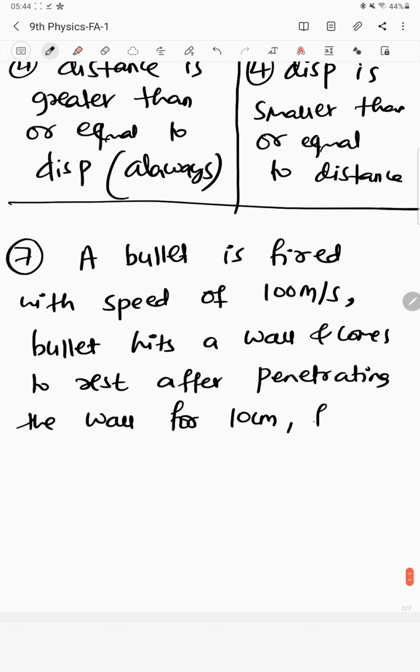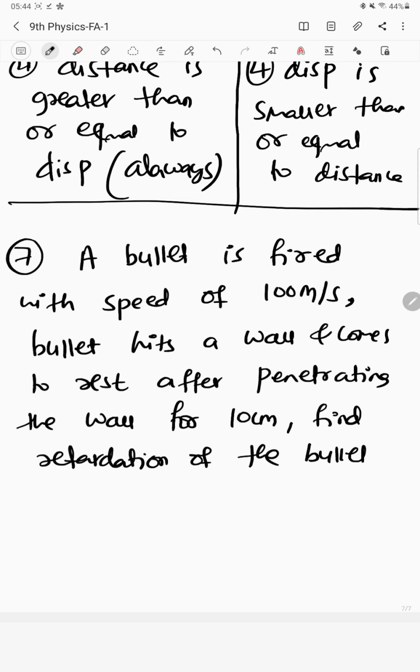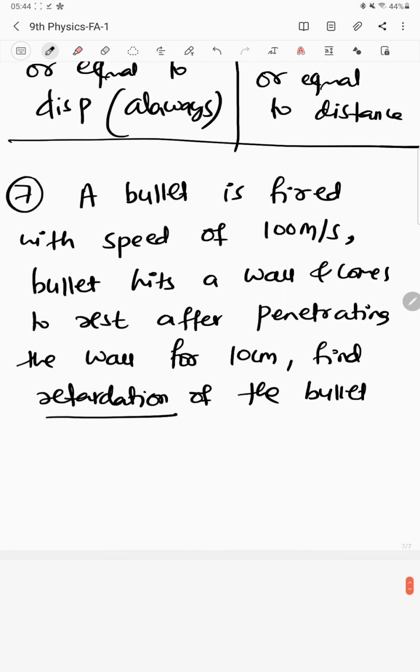Find the retardation of the bullet. Retardation is also acceleration only, negative acceleration maybe.